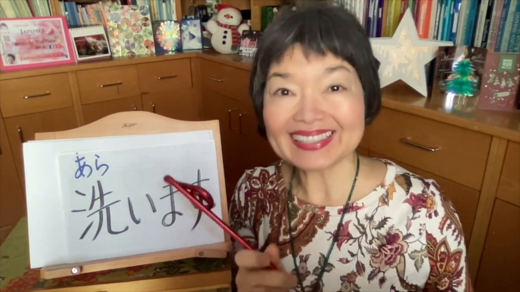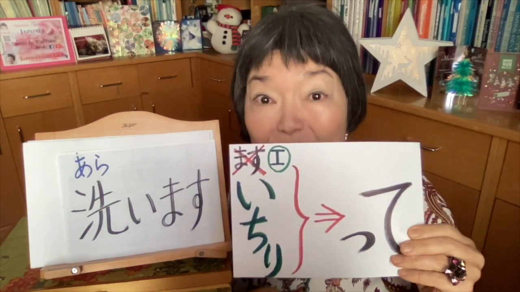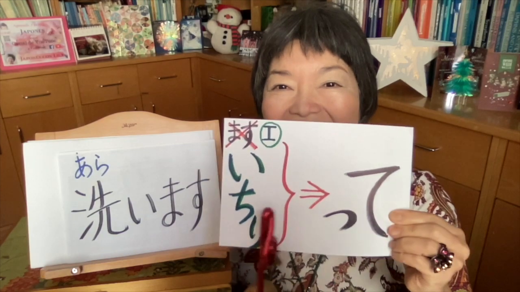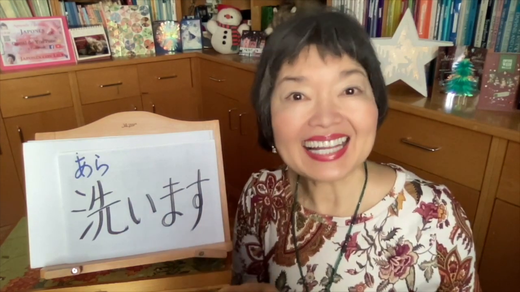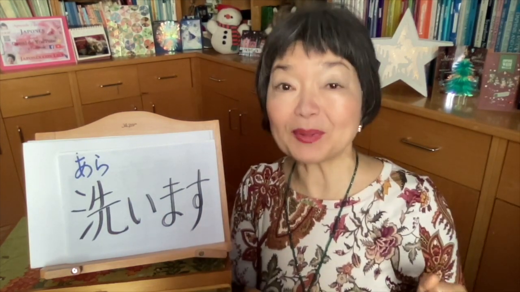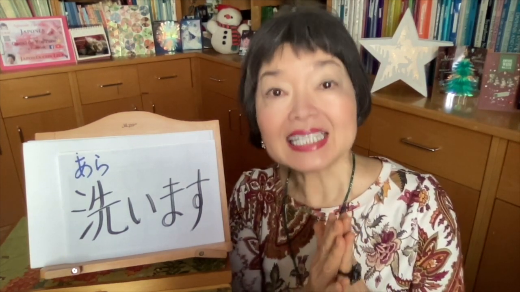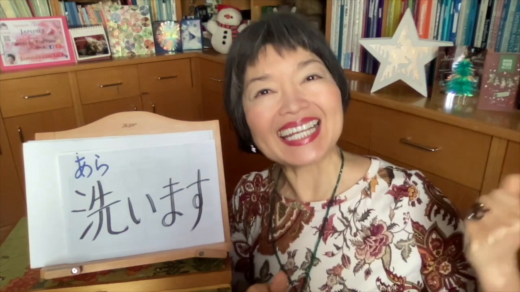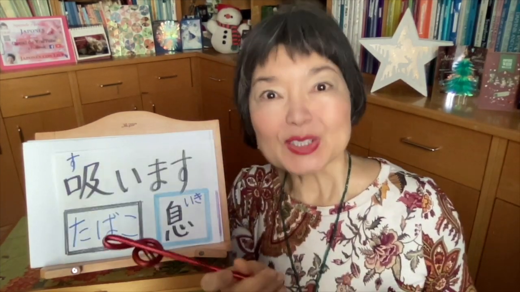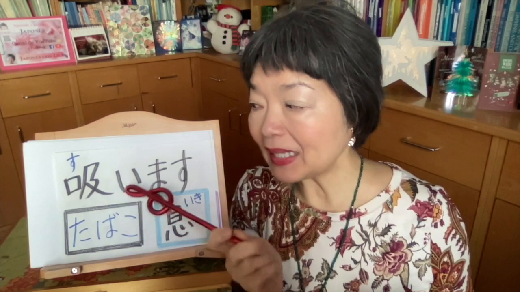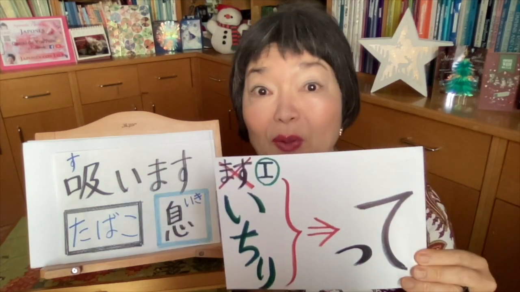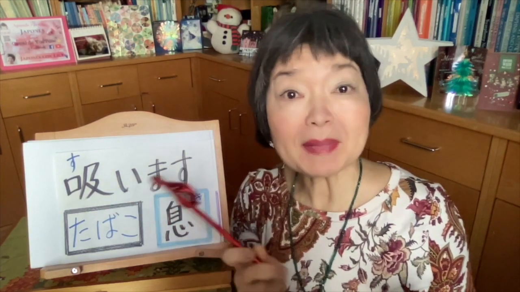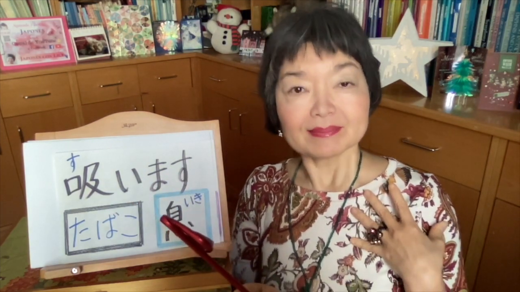This also has the i sound, so to form the te form, 洗って, wash. For example, 手を洗います, I wash my hands. And to say wash your hands, 手を洗って. 吸います. The te form will be 吸って.